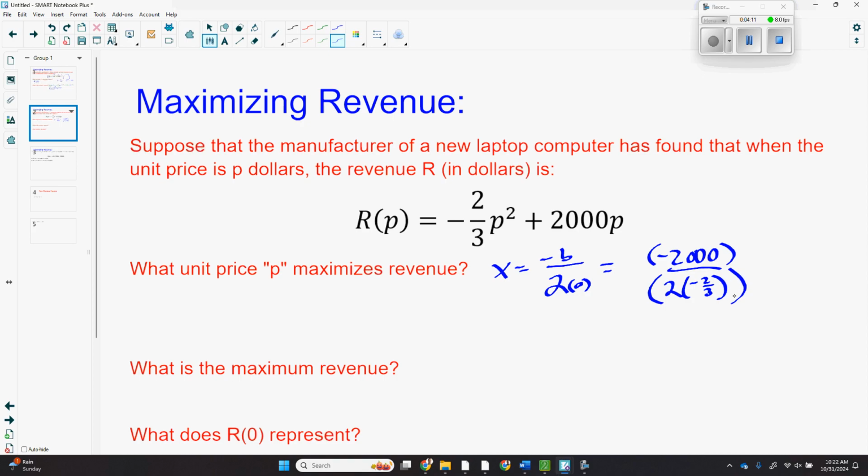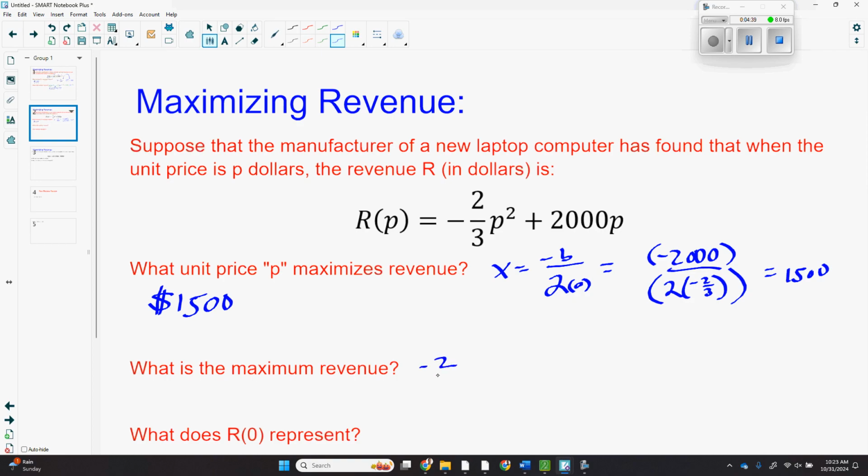So parentheses negative 2,000 parentheses, divided by, and then in parentheses 2 times negative 2/3, and close both those parentheses. And this gives me 1,500. So 1,500 is going to be the price that maximizes this revenue. So these laptops, if we sell them for $1,500, that should maximize our revenue. Okay, again, I can plug this back in.